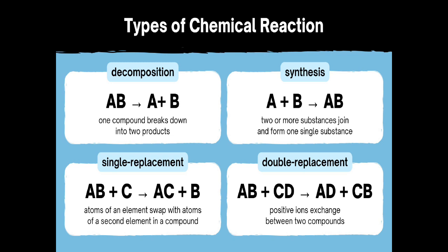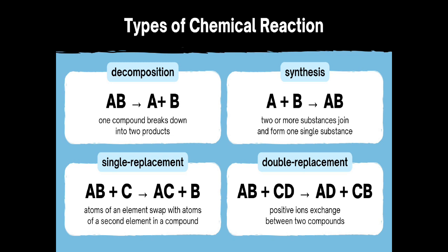And third one, single replacement reaction, that is displacement reaction. AB plus C gives rise to AC plus B. Atoms of an element swap with atoms of a second element in a compound. That means one element replaces the element of another compound, forming new substances.